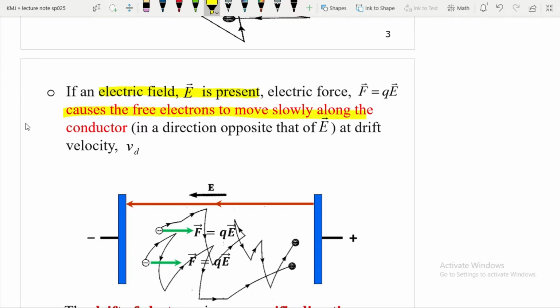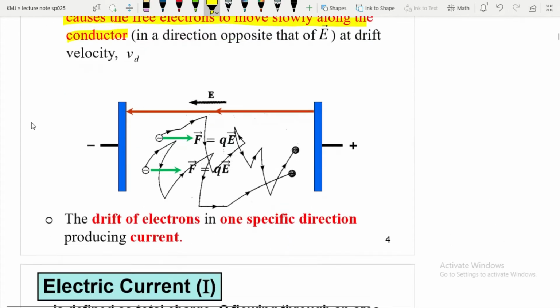Okay, see this direction, see this diagram below. Alright, so there is an electric field. So we have a positive plate and a negative plate over here. The direction of the electric field we already learned in chapter 1. Okay, this is the direction of the electric field. So it will make the electron from here move to this side.